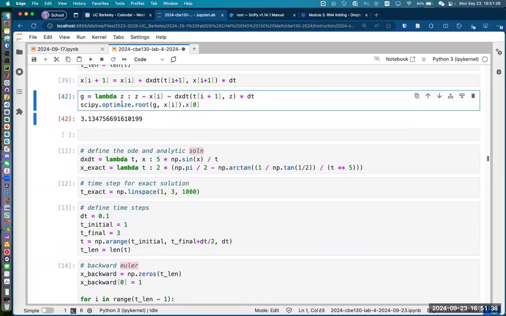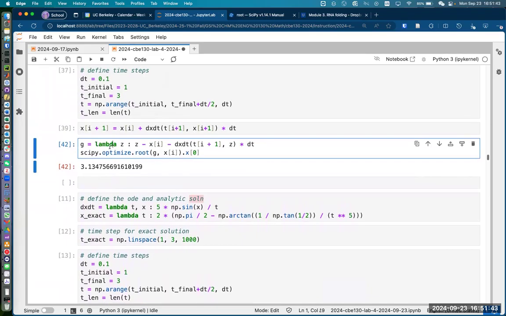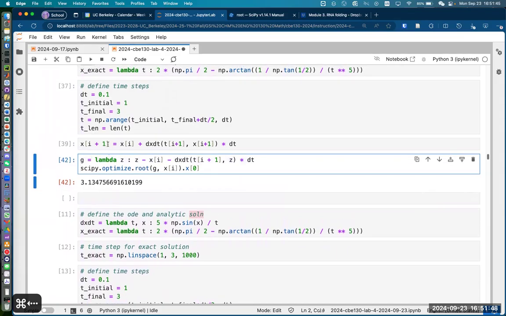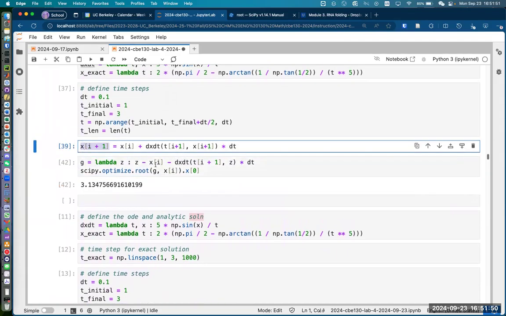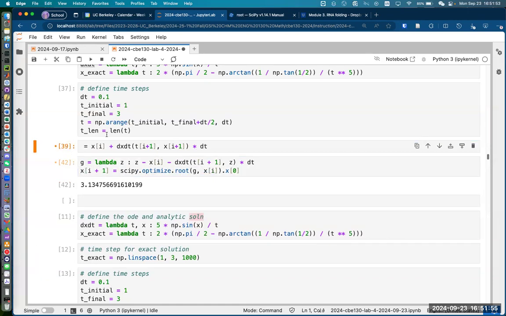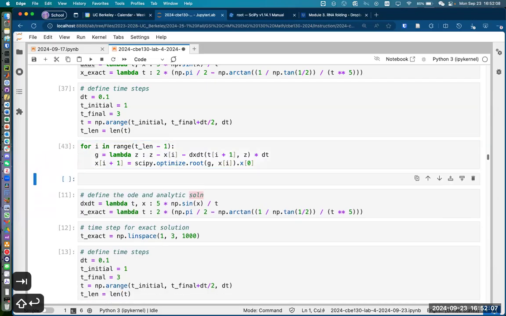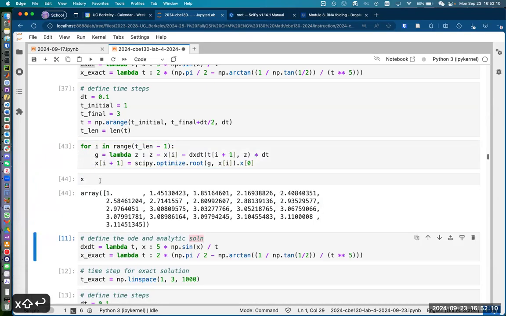This root finding algorithm should be placed before, so we have defined g, and this whole thing we already solved for. So x of i plus 1 is equal to the root finding algorithm. We need to do this for i in range t length minus 1 to avoid overflow, and then we have solved for x through backward Euler.